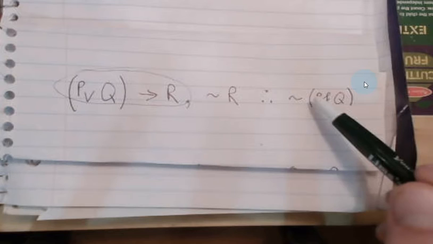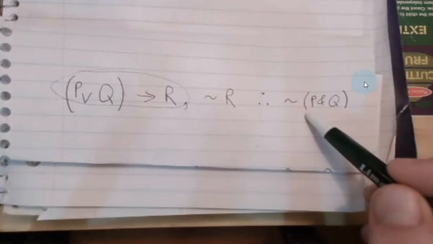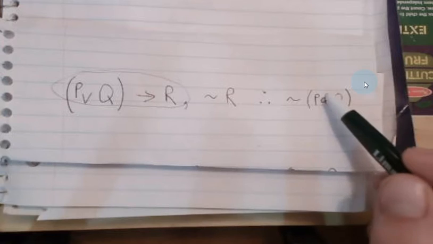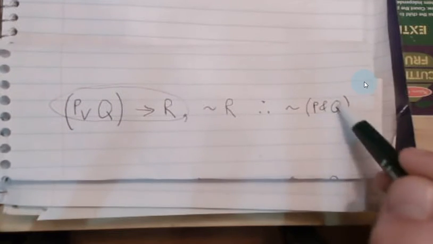Without the brackets, it would say not P and Q. It would say that not P is true and Q is true. Well, that's not what we're trying to say here. So we need these brackets to show that this is negating the entire thing. So whenever this statement is false, this is true. Whenever this statement is true, this is false. But the same rules still apply.